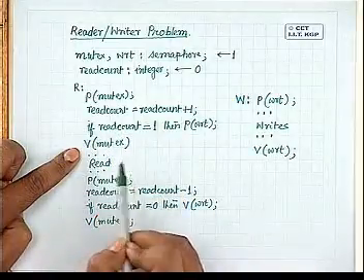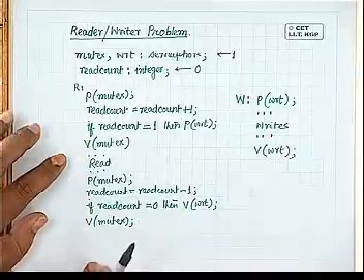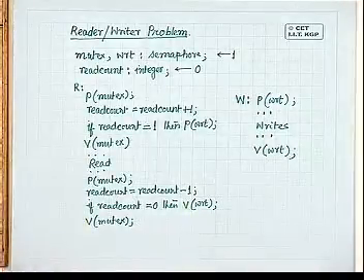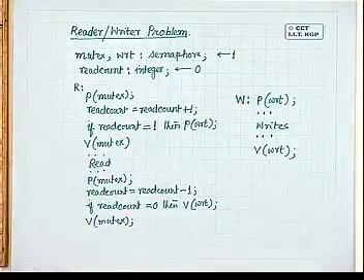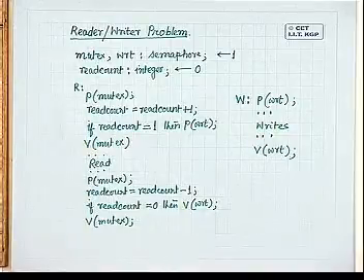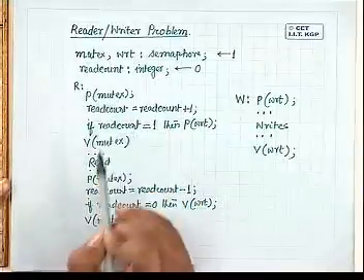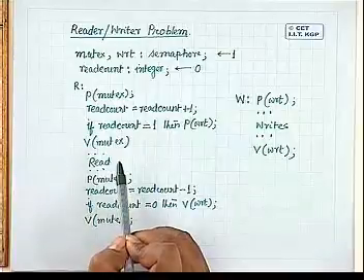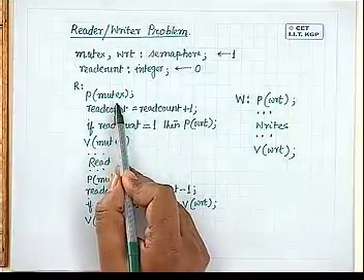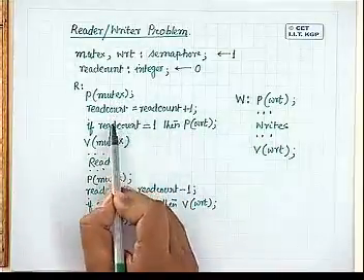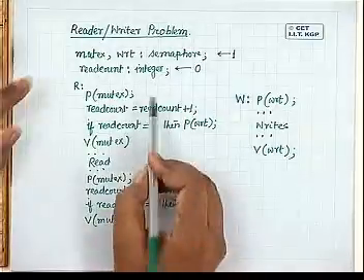Okay. Now, let us assume that initially there is no reader process or no writer process trying to access the file. Okay. So, first time one reader process is trying to access the file. So, the reader process will perform this P mutex operation, assuming that P mutex is successful because no other process is willing to read the content of the file.